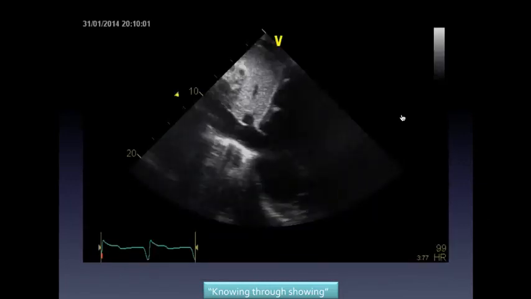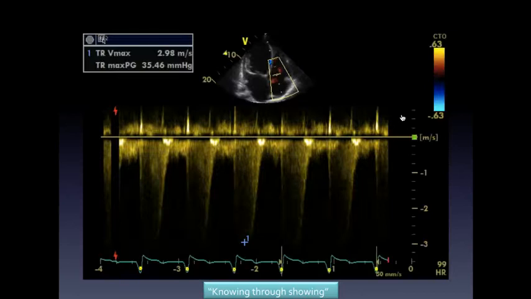I would argue that in a whole other day. And while you can play around with echo and get estimates, which are very valid in the well patient, in the ill patient, unless you're really meticulous, you can either underestimate or overestimate intracardiac pressures. So we underestimated this guy's intracardiac pressures by about, I think, 20 millimeters of mercury. So the difference between 35 and 55 on his right ventricular pressure.